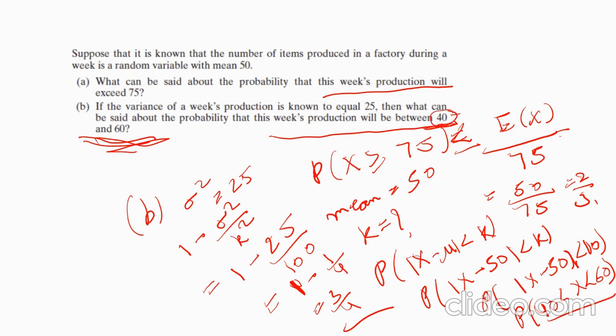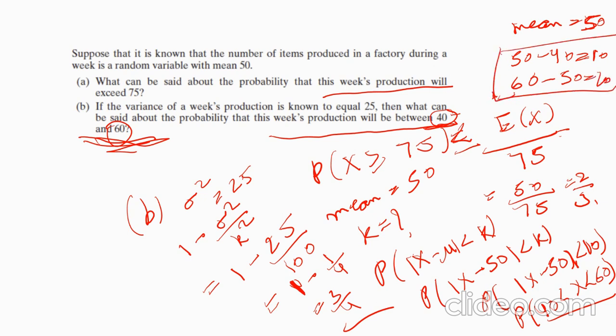If you have 40 or 60, and the mean is given as 50, then if you are taking the lower value, subtract it from the mean, so it will be 50 minus 40, which is 10. Or if you are taking the higher value, then subtract the mean from that value, so it will be 60 minus 50, which is 10. So in any case the value will be the same, and that value will be k.